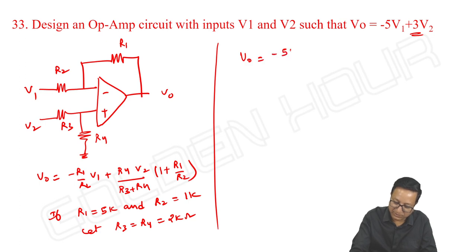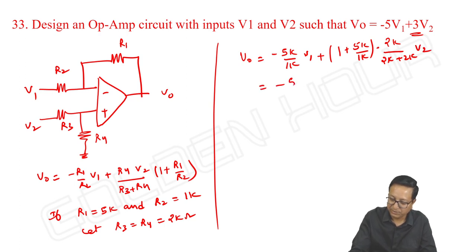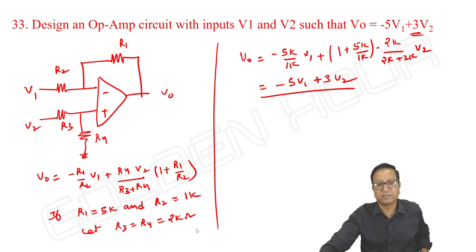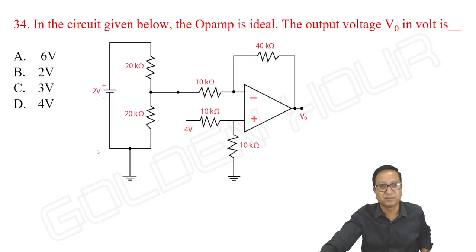V output is equal to minus 5K by 1K into V1 plus 1 plus 5K by 1K, it is 6 into 2K by 2K plus 2K into V2, which is 3 V2. Some values I'm taking this way. You need not worry about taking the same values, just as an example I'm taking.